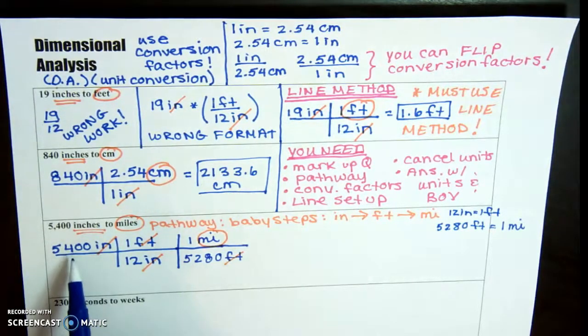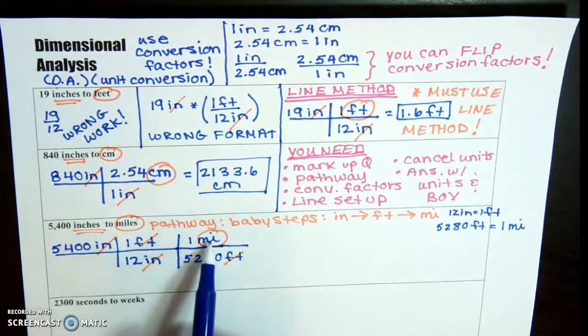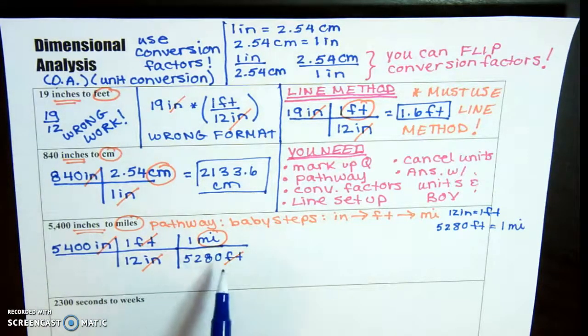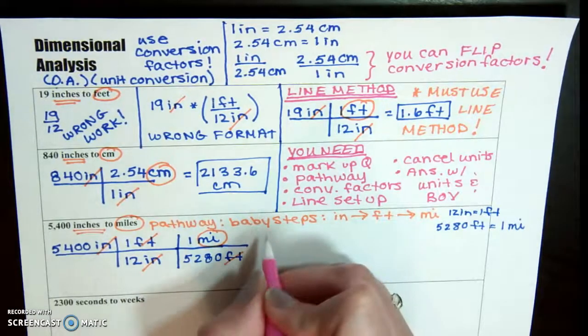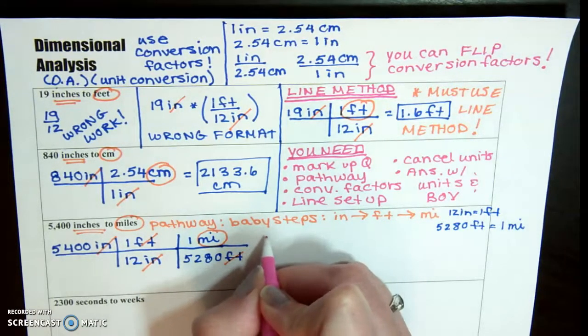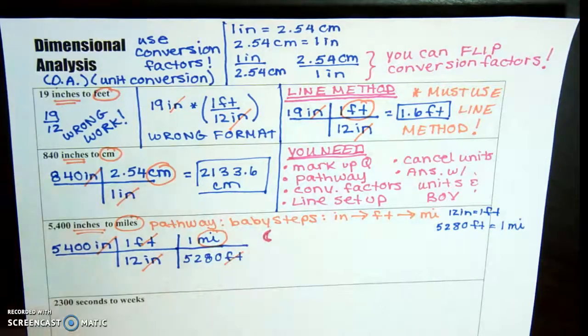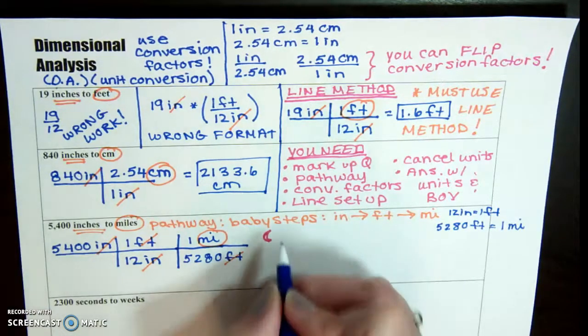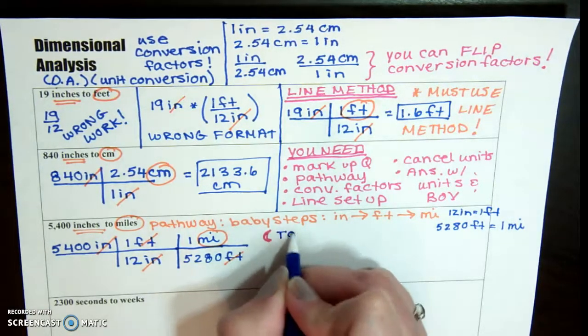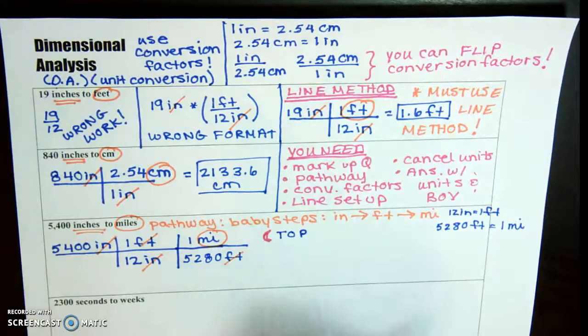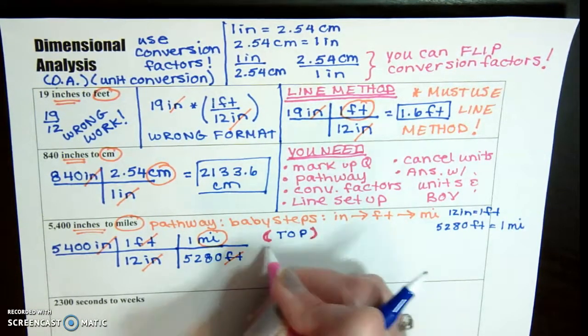So 5,400 times 1 divided by everything on the bottom, 12 inches and 5,280 feet. We have a lot of problems with calculators and using parentheses correctly. From my experience doing this for years, the safest way is to put all the numbers on the top inside one set of parentheses.